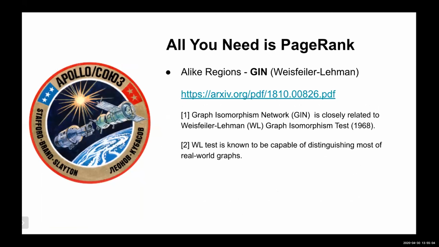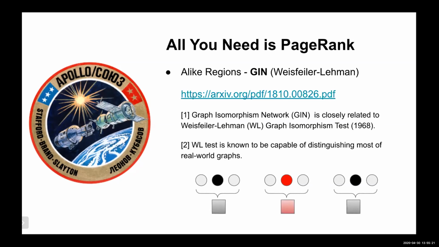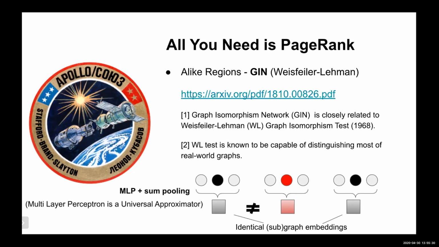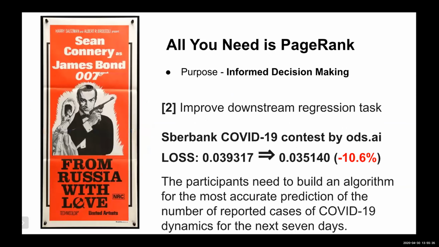And a thing that helps is the old Weisfeiler-Lehman test for isomorphism, which is an old coloring algorithm that produces an embedding for the entire graph. And so far we tested it and we got quite good results on the downstream task, which is our second objective.